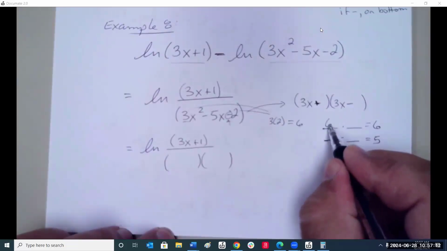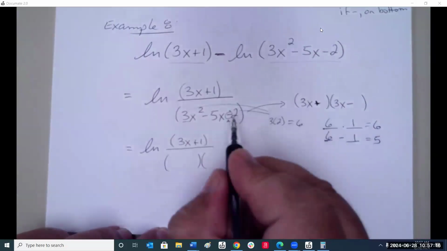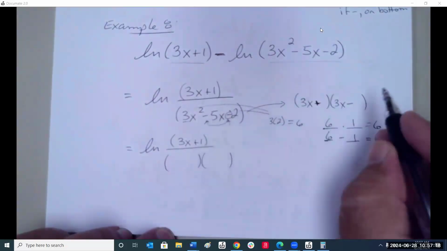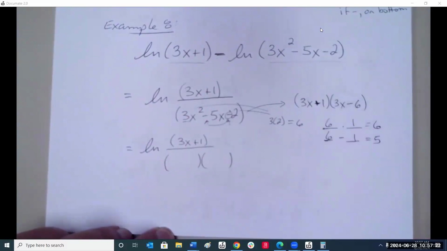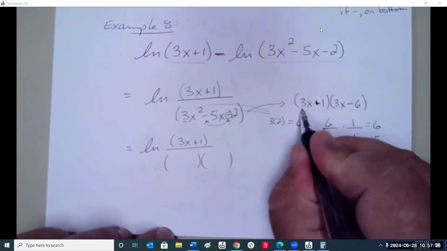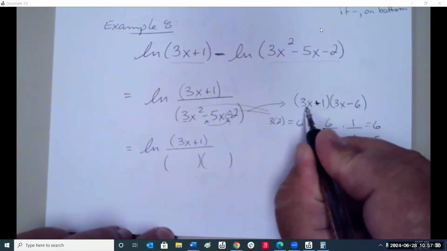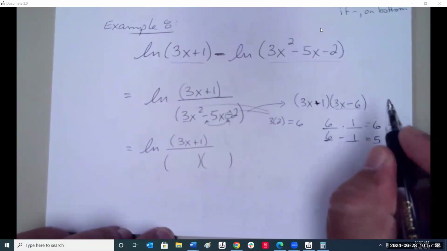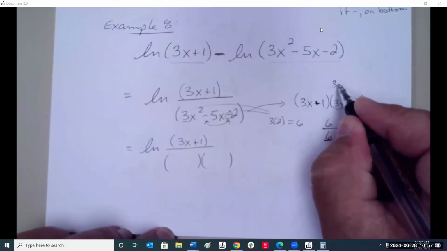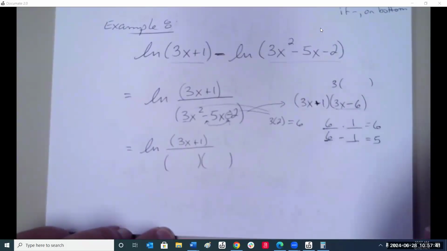Six and 1. 6 times 1 is 6. 6 minus 1 is 5. And the bigger number gets the negative. So the 6 goes in there, and the 1 goes in there. Can we factor anything out of this one? No. 3 and 1, no. How about this one? We can factor out a 3. They both have a 3 in common.